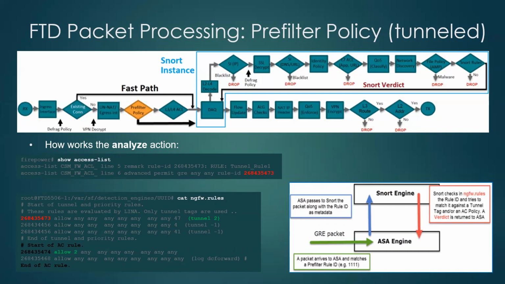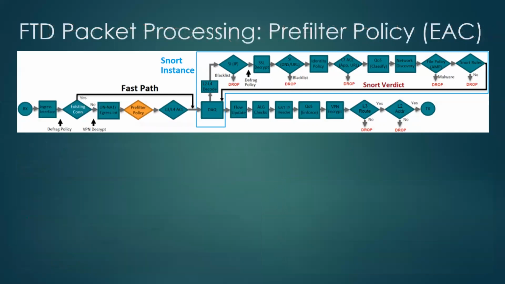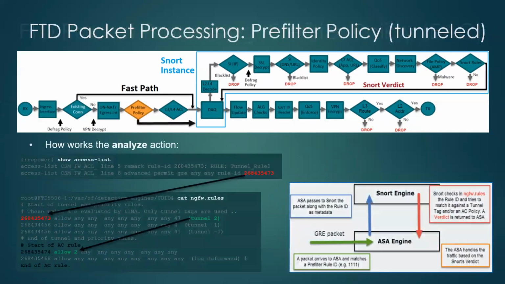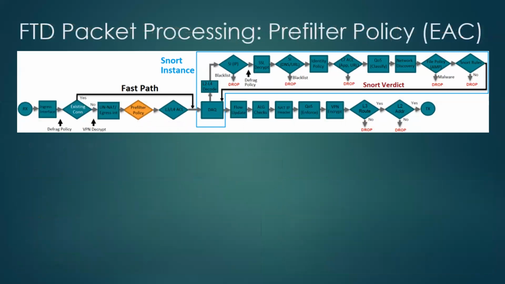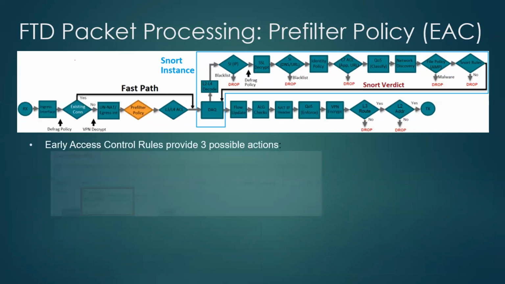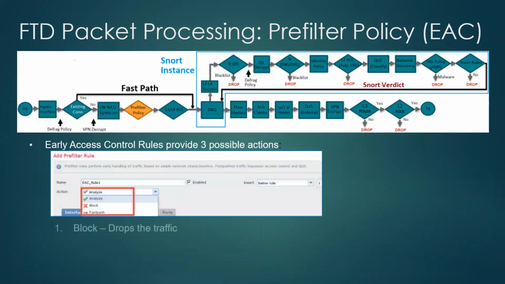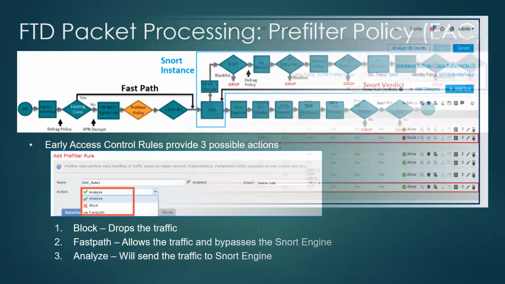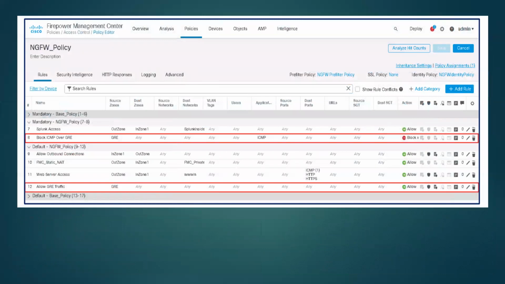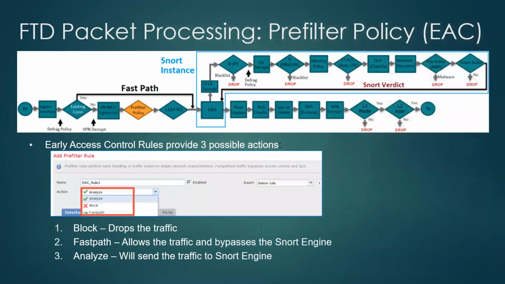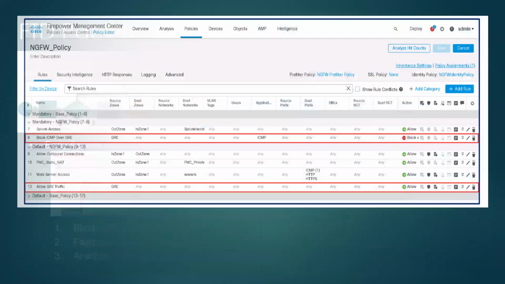It will check all that traffic, and then it will send that traffic back to the ASA firewall, and from the ASA firewall it will exit, meaning it will go outside. Again, we have discussed earlier that we have something called the early access control policy. That means you are going to use fast path. If you use fast path, then it will bypass Snort.